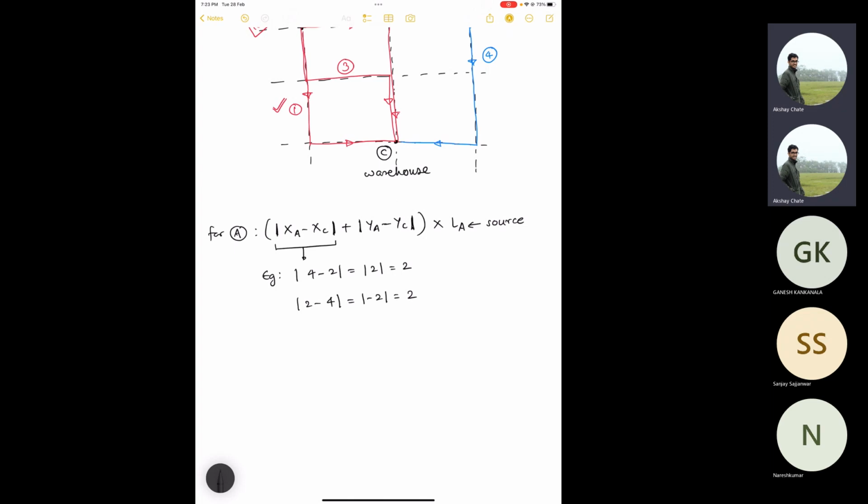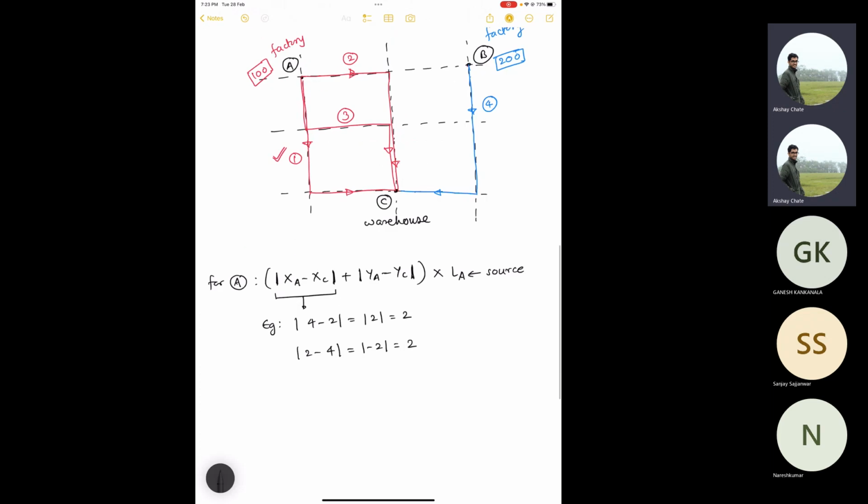Let me just see if anything is remaining here. Pardon me, I think I misquoted. One second, I'll just confirm whether it's least or highest.